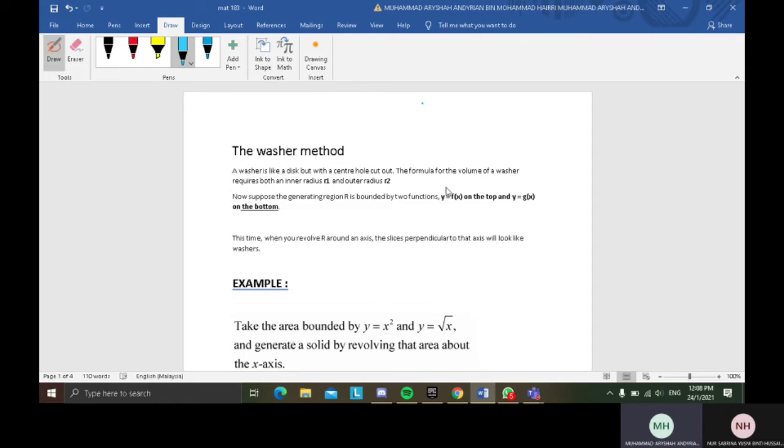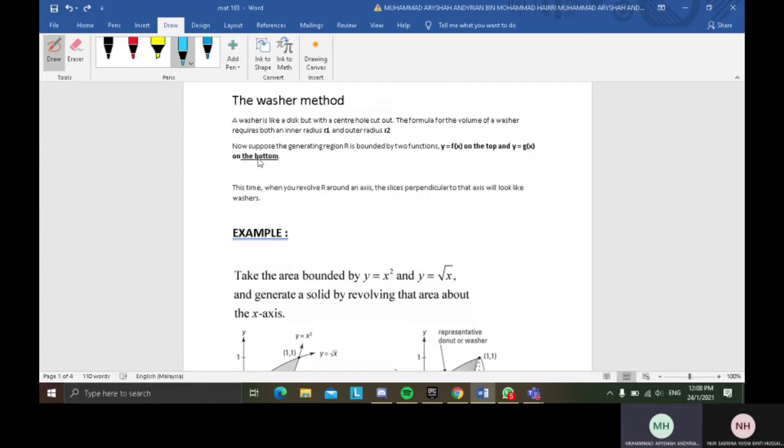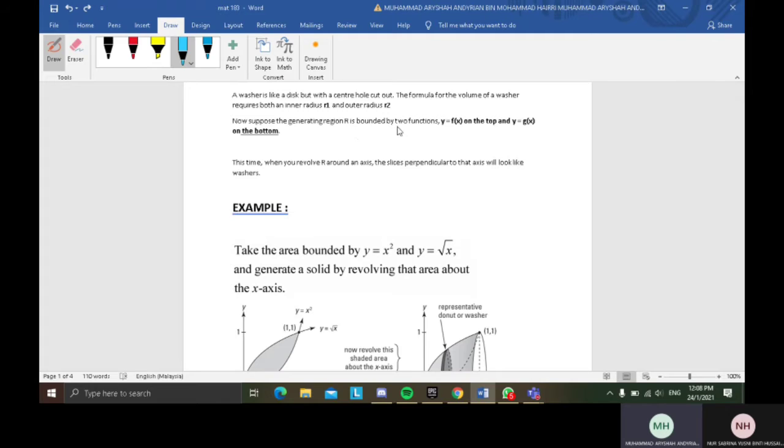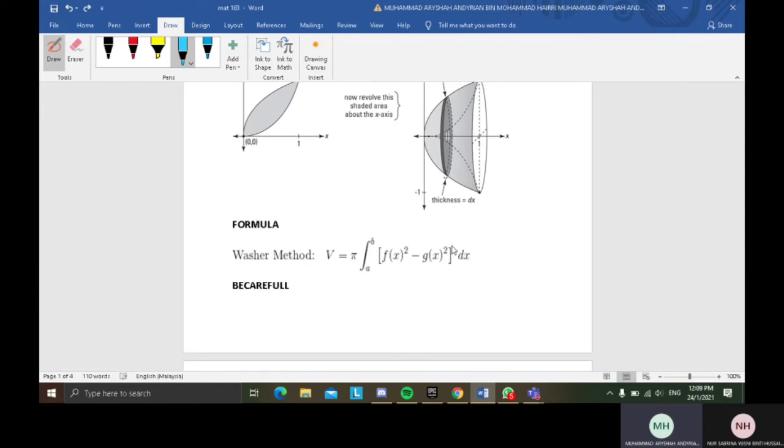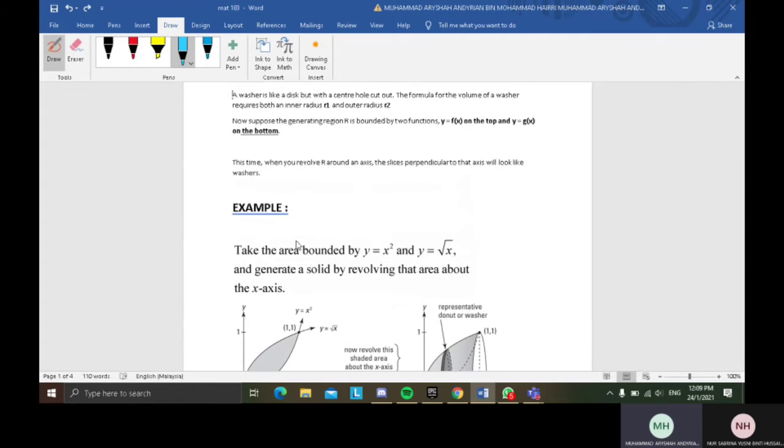The formula for the volume of a washer requires both inner and outer radius, which we know as R1 and R2. Now suppose the generating region R is bounded by two functions, y equals f(x) on the top and y equals g(x) on the bottom. So based on this formula, when you revolve R around the axis, the slice perpendicular to the axis looks like a washer.